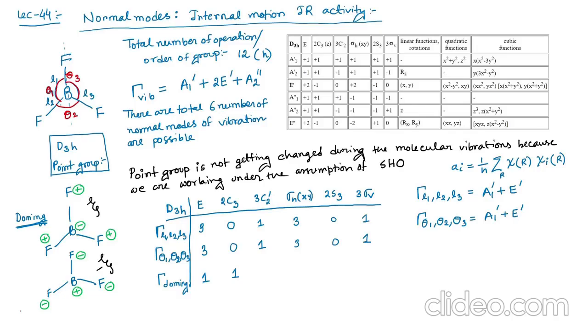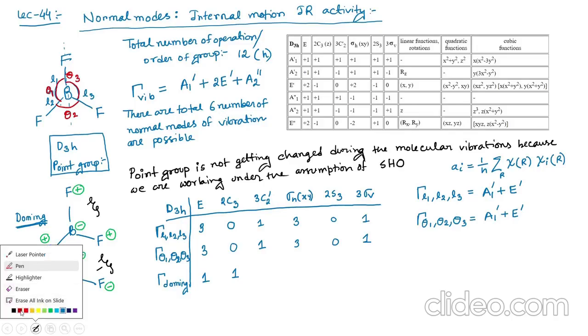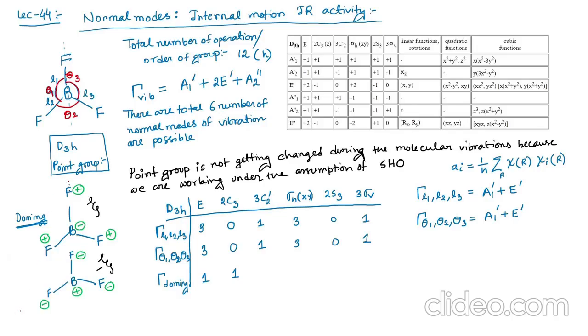video where he has shown with the panes. Actually, here he took 3 panes and showed that if you perform a C2 axis of rotation along one of the BF bonds, suppose I will use this red color here, suppose this is your C2.